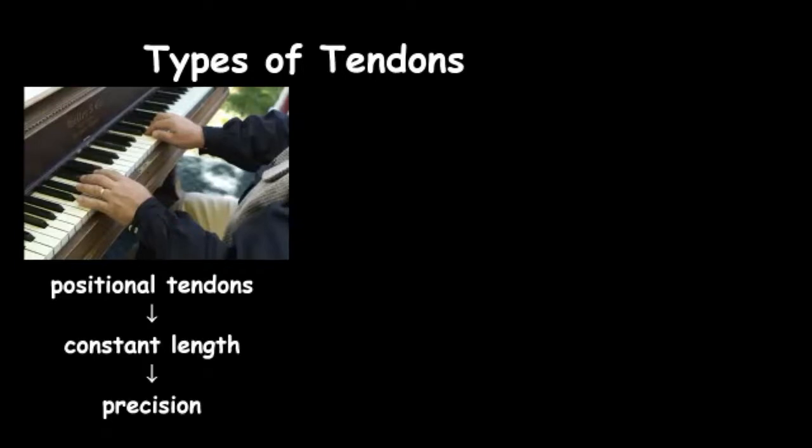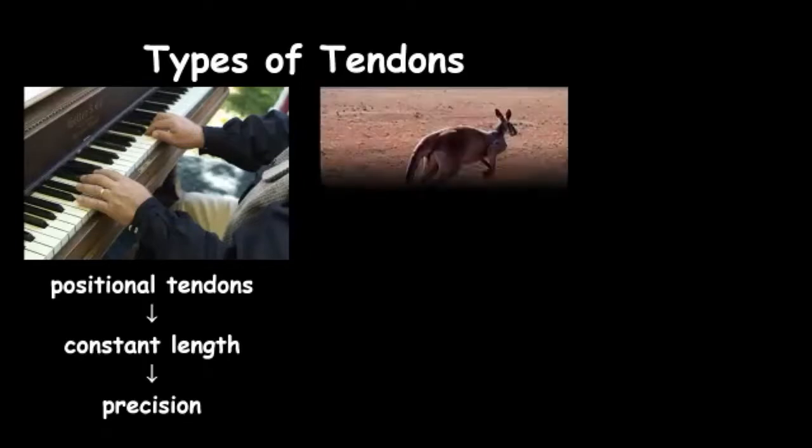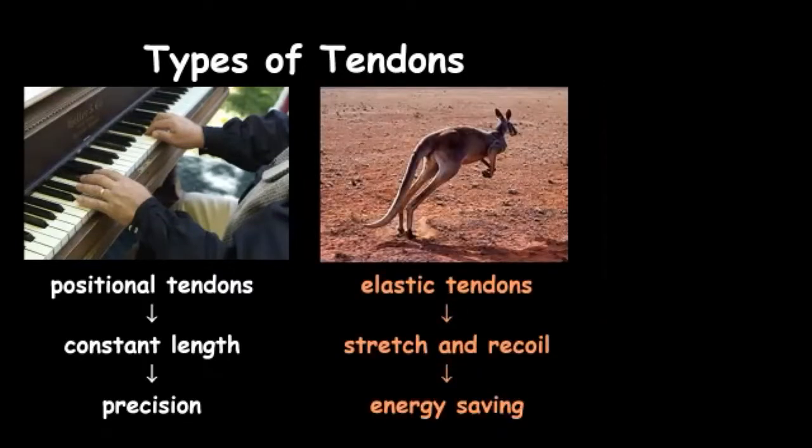So if you want to do something like play the piano, you use the muscles in your hands and arms to move your fingers, and the positional tendons will place your fingers on the keys exactly as you want them to. The other type of tendons we'll call elastic tendons.